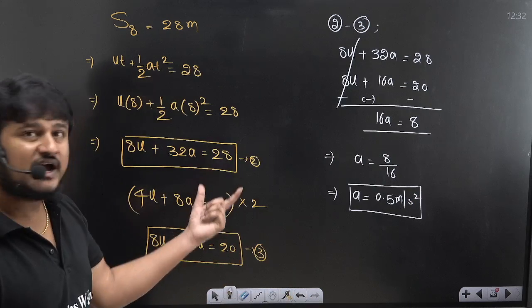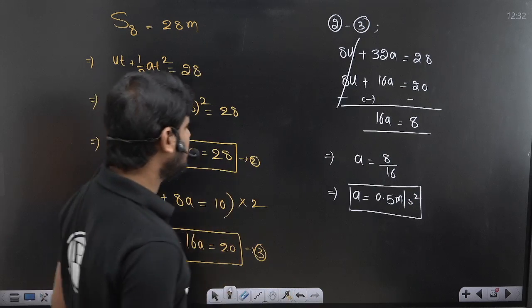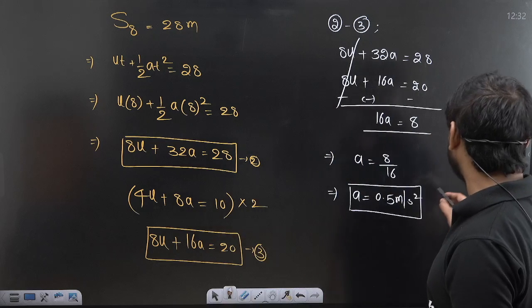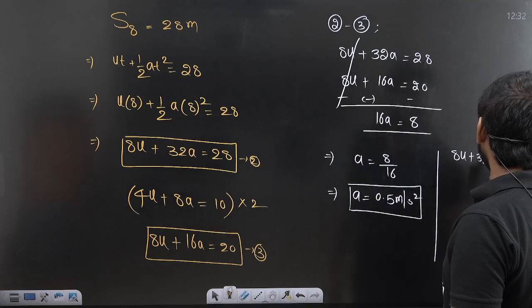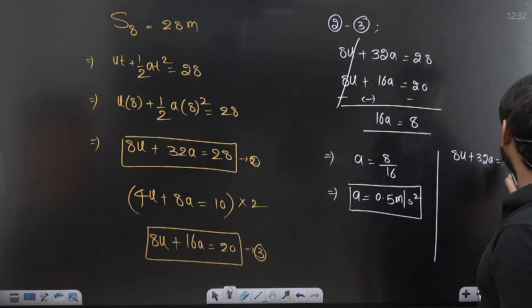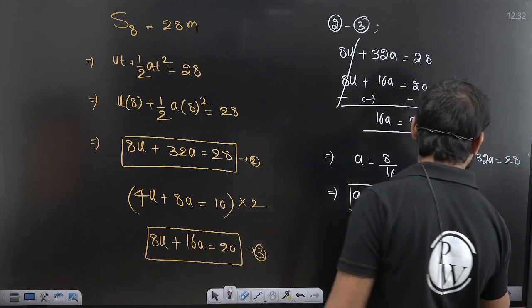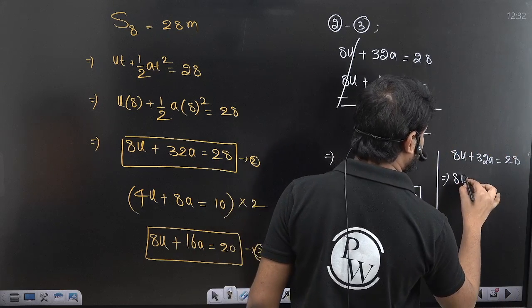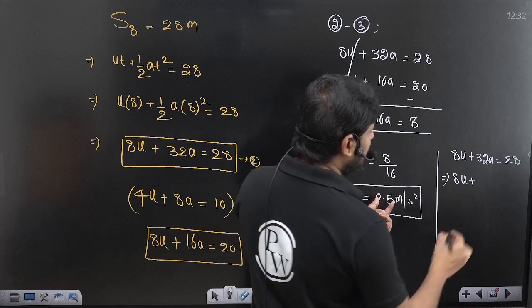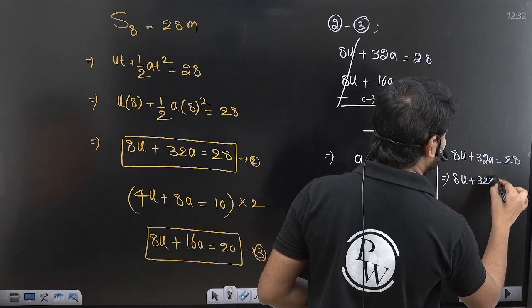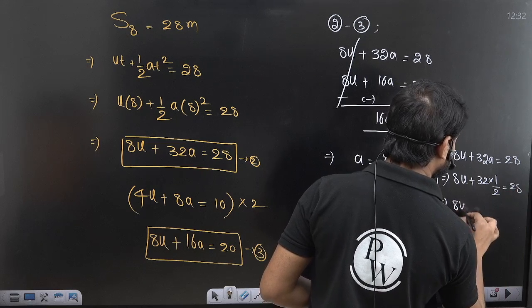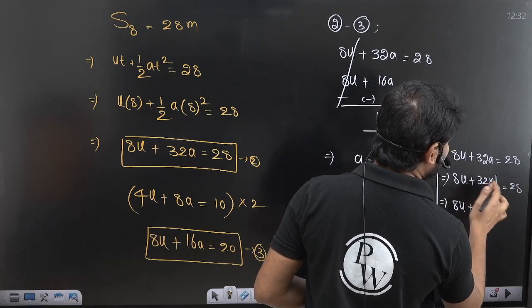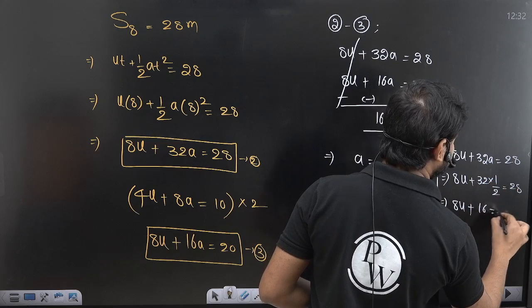So we need the u value also. How do you get the u value? Just substitute in any of these equations. I am taking 8u plus 32a is equal to 28, the second equation. Let's write 8u plus 32 into this one half, which is equal to 28. So here 8u plus 32 by 2, 16, is equal to 28.